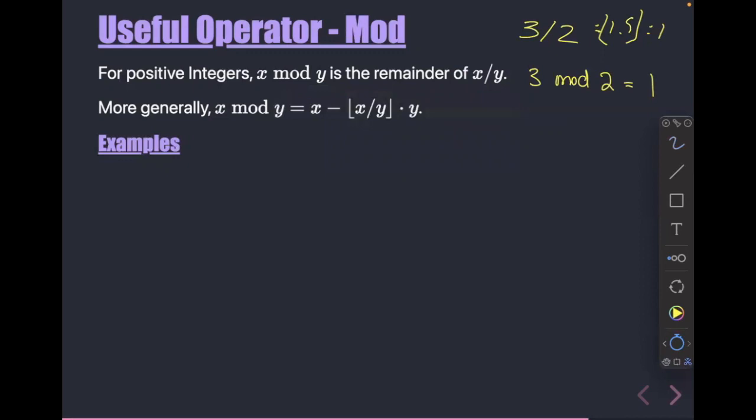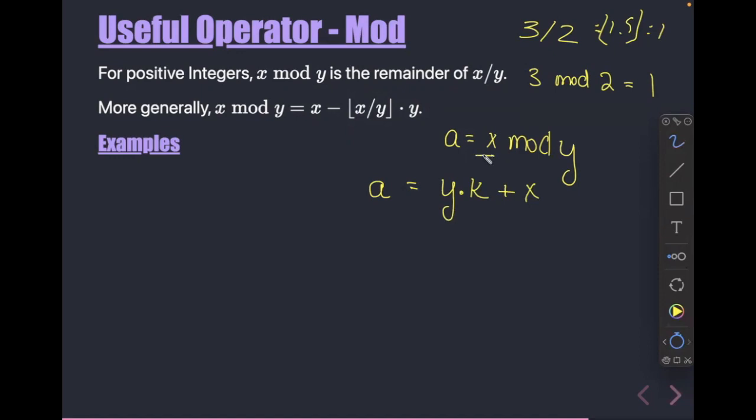A common representation though that you'll also see, and this is something you really want to get comfortable with when you're doing proofs, because it's going to be so common: if you have A equal to x mod y, that basically means that you can write A as y times some number k plus x, right?